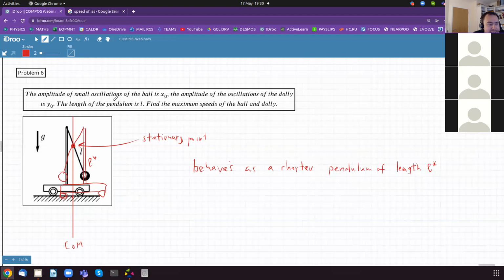They say that the amplitude of oscillation of the ball is x0, and the amplitude of oscillation of the dolly is y0.